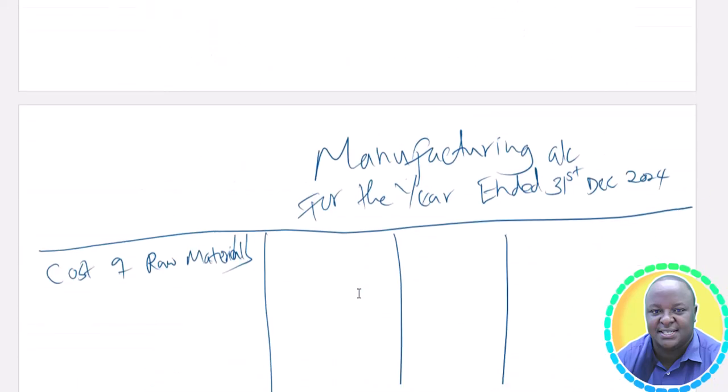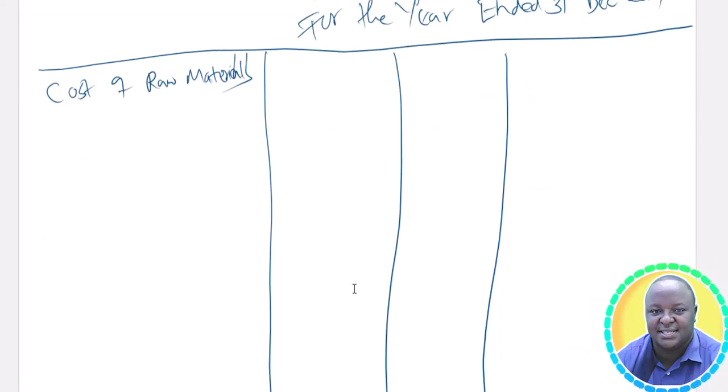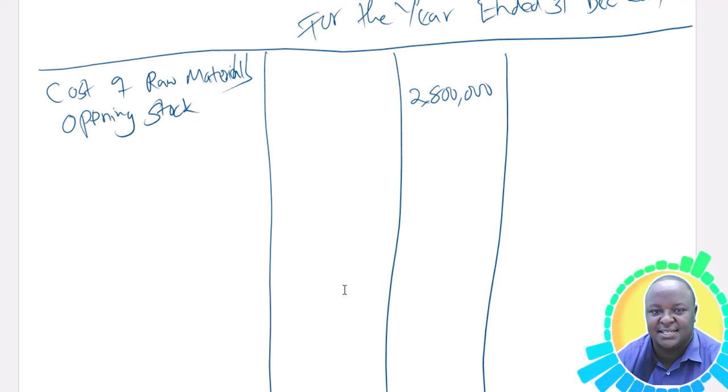So here we will have the opening stock at 2,800,000. Then we are going to add purchases.